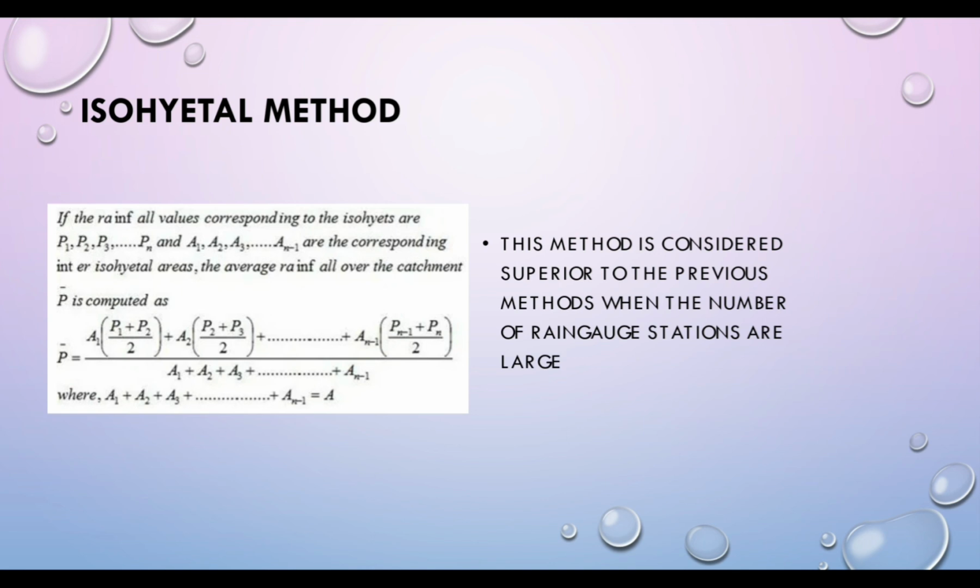This method is considered superior to the previous methods when the number of rain gauge stations is large.